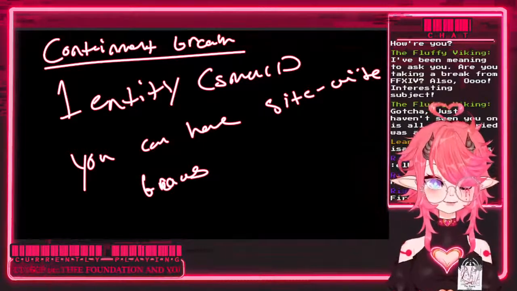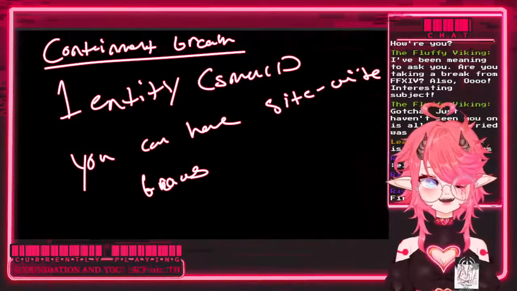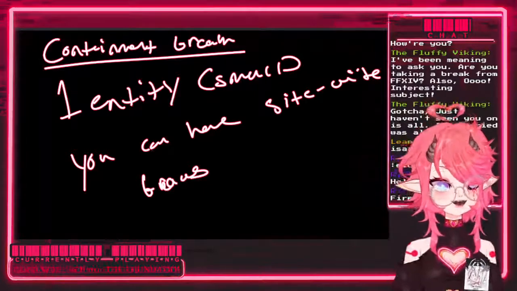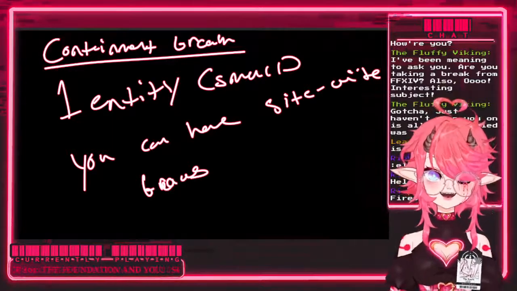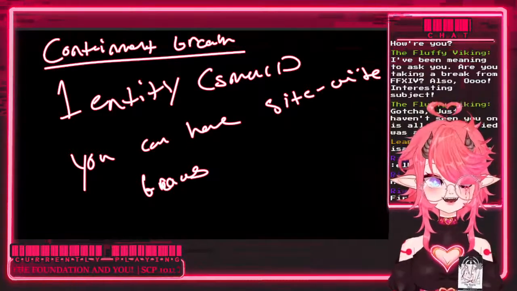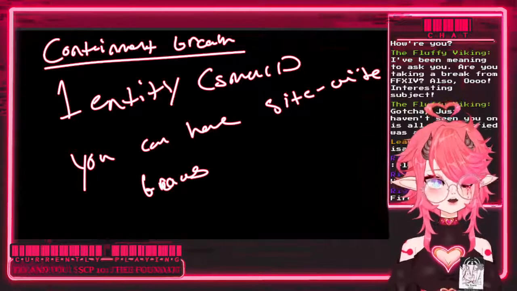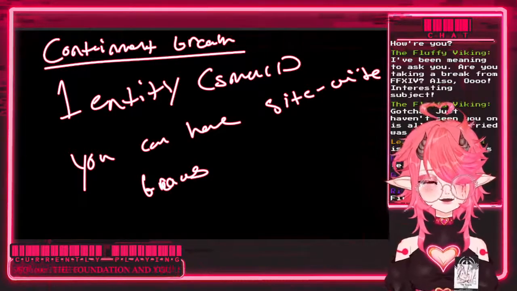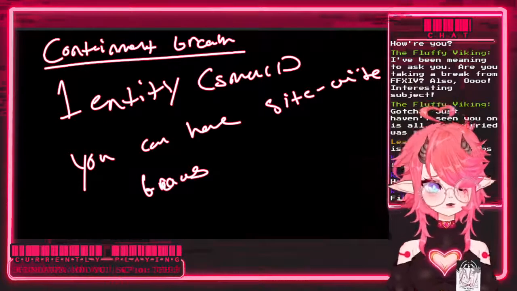These site-wide breaches are kind of similar to how you would look at the containment breach game itself. I think a lot of people, when they think of SCP, they think of Containment Breach the game. Think of a containment breach as being anywhere from a small anomalous rock that can flick in and out of reality, and it's harmless other than it pops in and out, but it always stays in the same place.